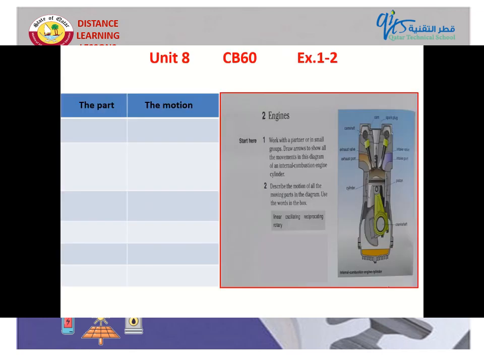Now, open your course book to page 60. You will see a picture of an internal combustion engine. I believe you are familiar with this engine in your workshops, so you should know the parts that move.